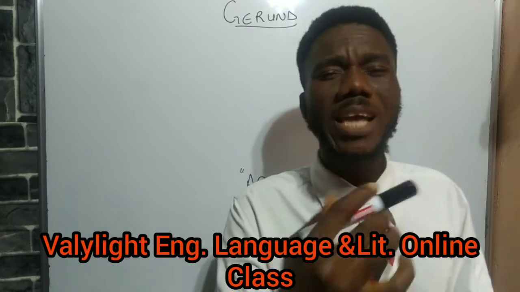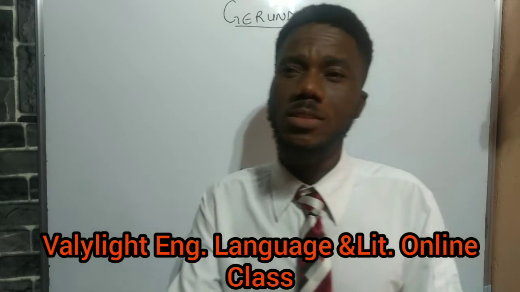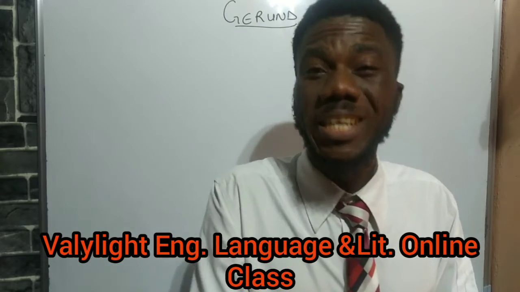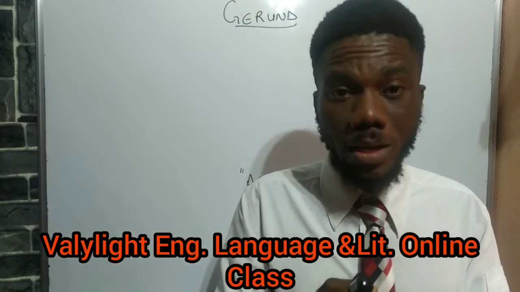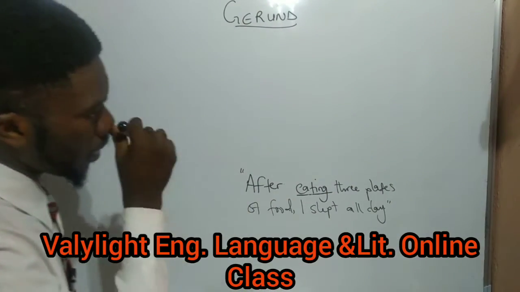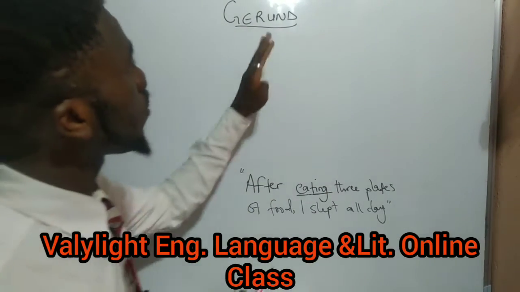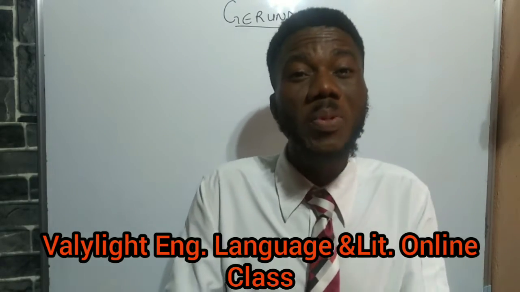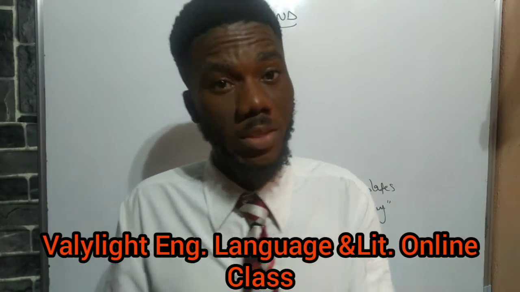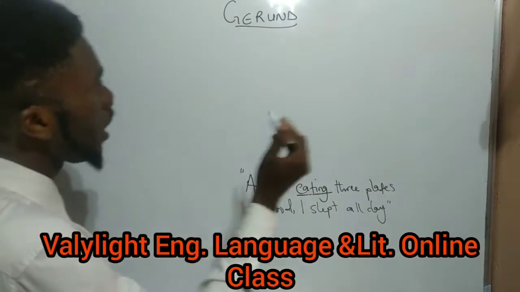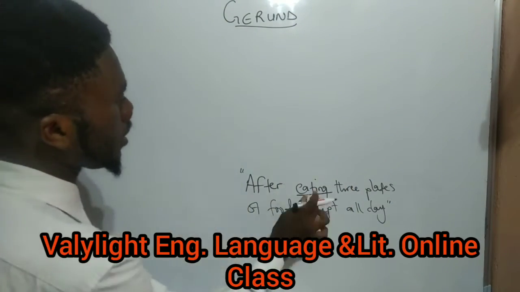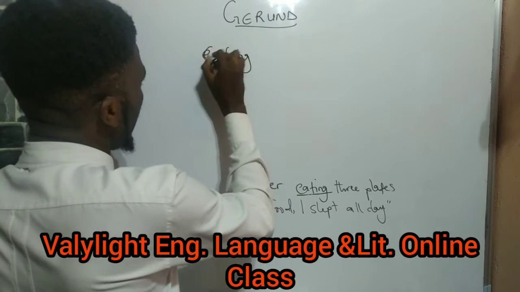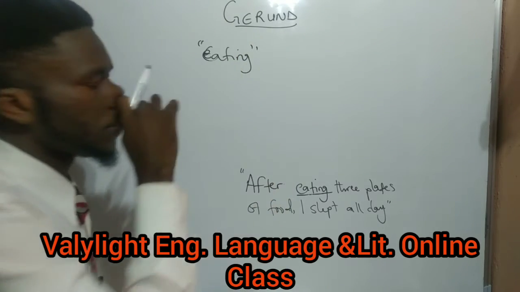Now, the question is, how do you know when such a word is functioning as a gerund, when it is functioning as a noun and not as a verb? Remember, I said that a gerund is a word that has the shape of a verb but plays the role of a noun in a sentence. Let me use eating.